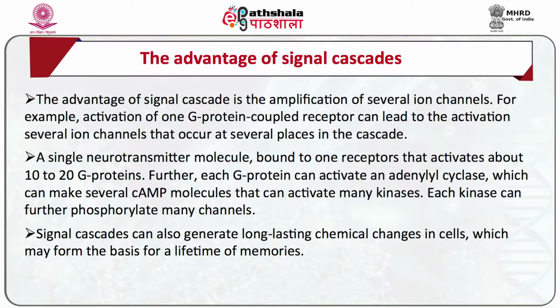A single neurotransmitter molecule bound to one receptor activates about 10 to 20 G proteins. Further, each G protein can activate an adenylyl cyclase, which can make several cyclic AMP molecules that can activate many kinases. Each kinase can further phosphorylate many channels.